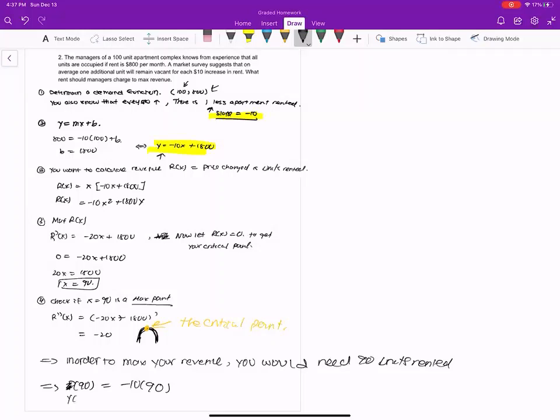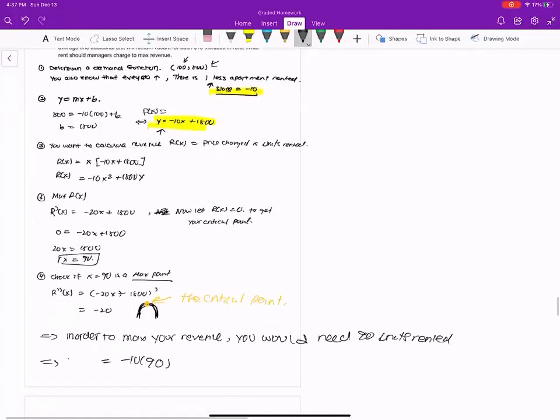So if you sub in x equals 90, p of 90 is negative 10 times 90 plus 1800, which if you simplify is $900 per month, which would give you the maximum revenue.